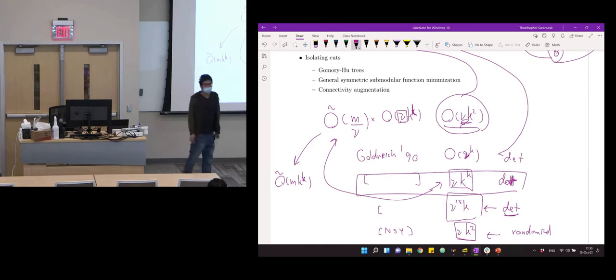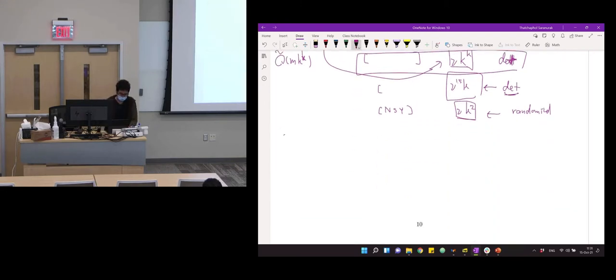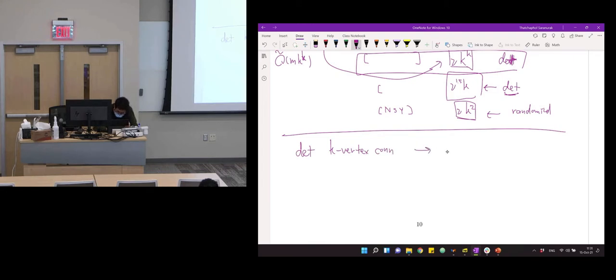And right now, the best deterministic algorithm for k vertex connectivity is something barely below this thing.